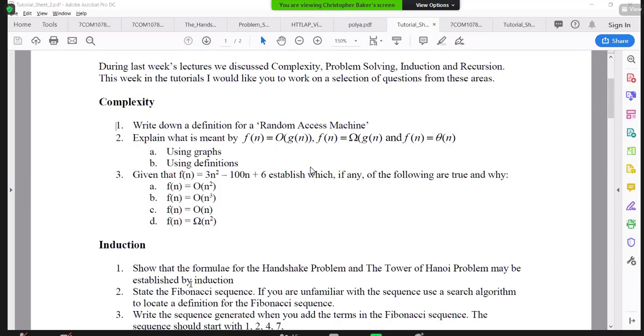Okay, so for question 1, find the definition of random access machine. A random access machine is a hypothetical computer with some assumptions attached to it. Each simple operation takes one time step, and you count simple operations as addition, multiplication, subtraction, equals, if statement, or calling a routine.